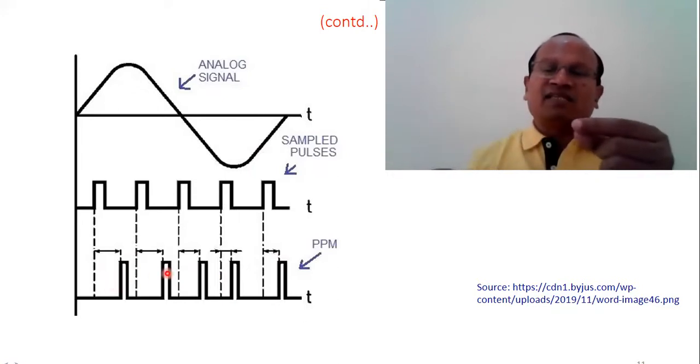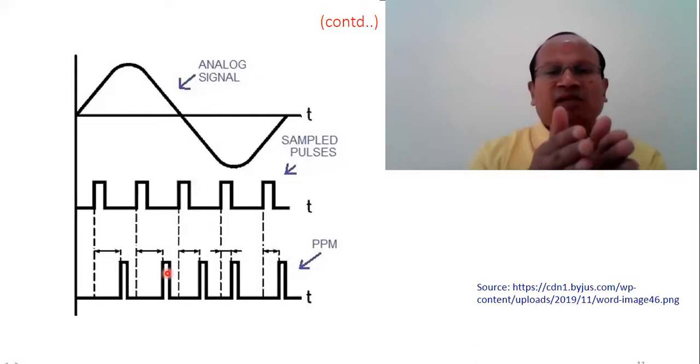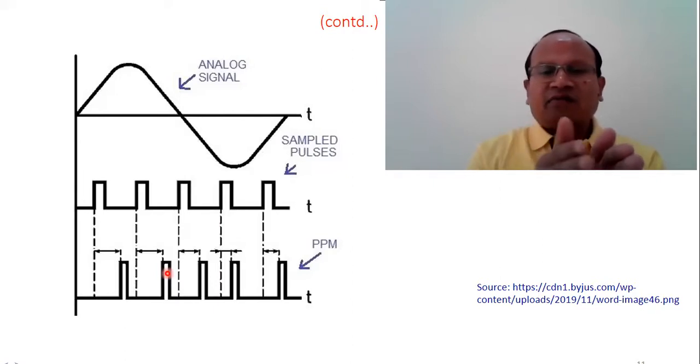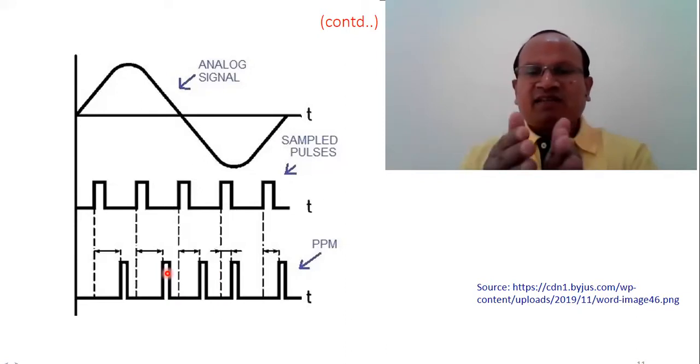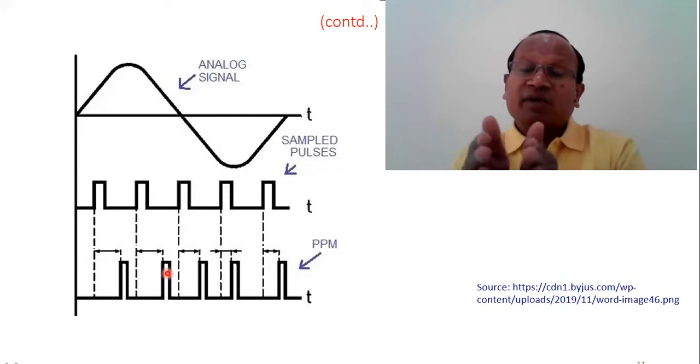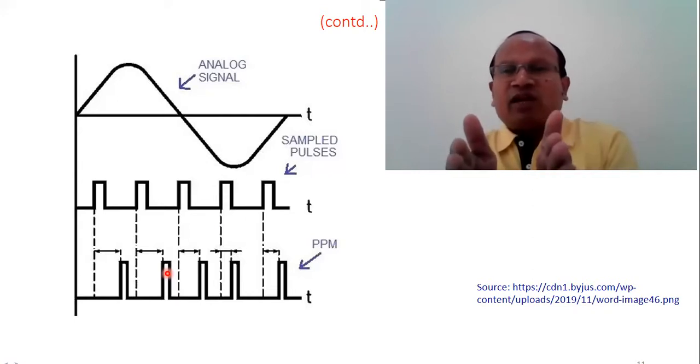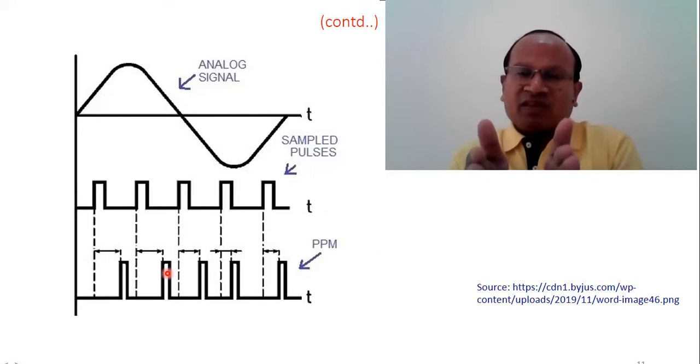As the instantaneous value increases, the pulse shifts away from its normal position. The pulse moves far from the normal position. When the amplitude decreases, the movement will be there, but it will be less. Whatever the original position, slightly it will get narrowed.